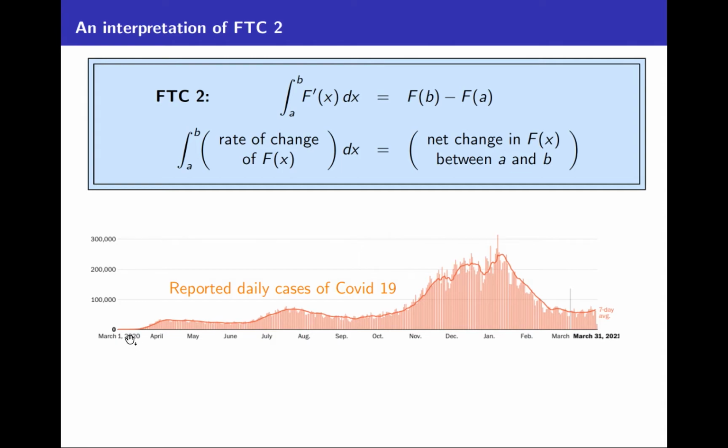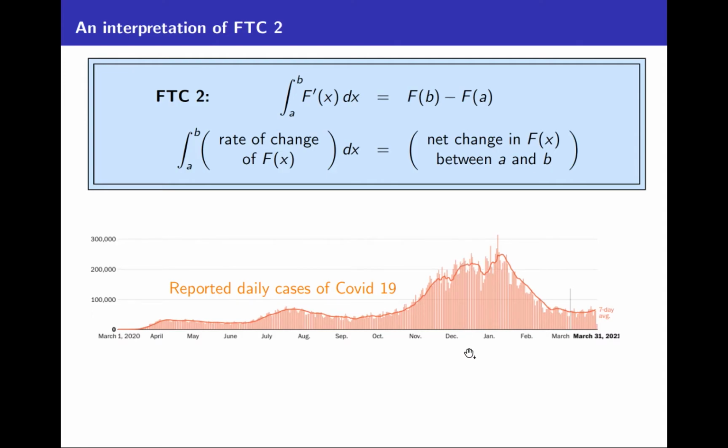So in this graph, the horizontal axis is days, number of days since March 1st, 2020. At each day, there's a bar. It's a bar chart. And the height of that bar is the number of cases reported on that particular day.